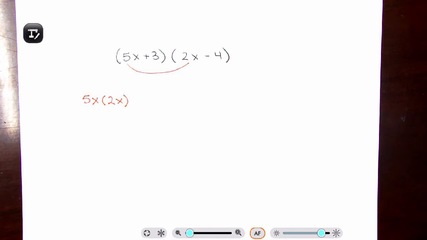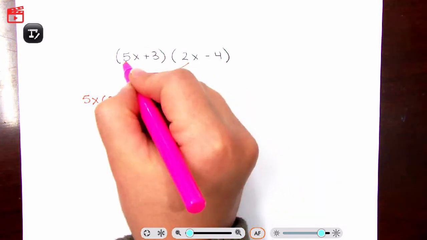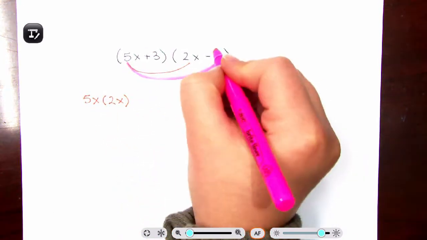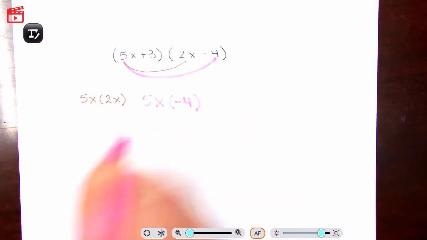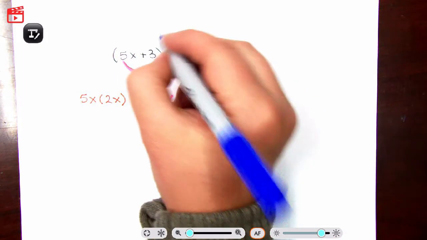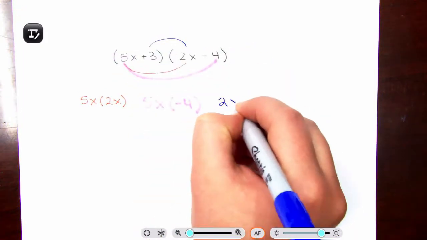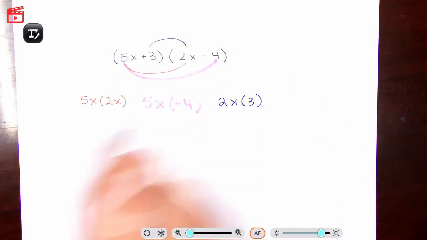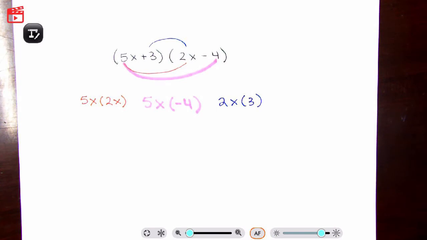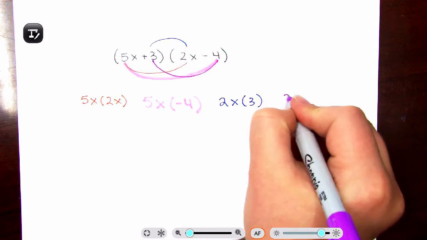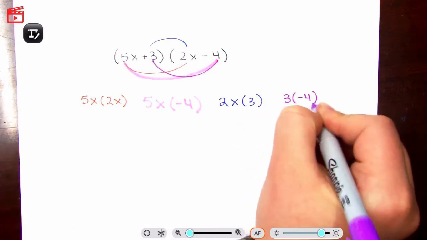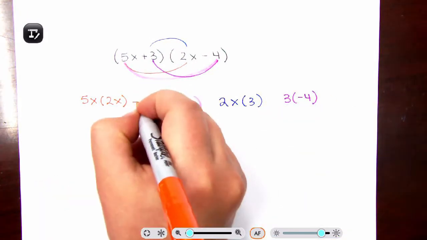Then you're going to do your outer terms, which is 5x times negative 4. Then you're going to do your inner, which is 3 times 2x. And then you're going to do your last terms, which is the constants, which is 3 and negative 4.